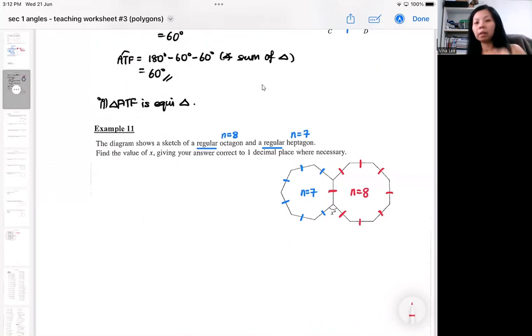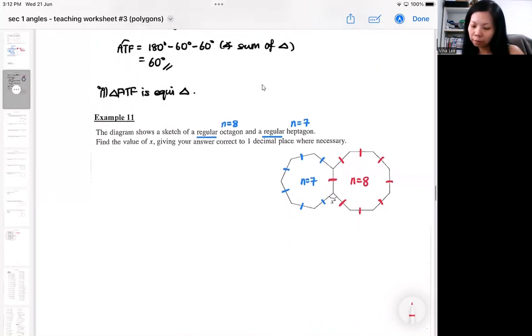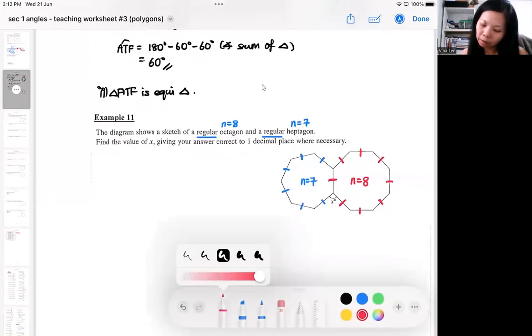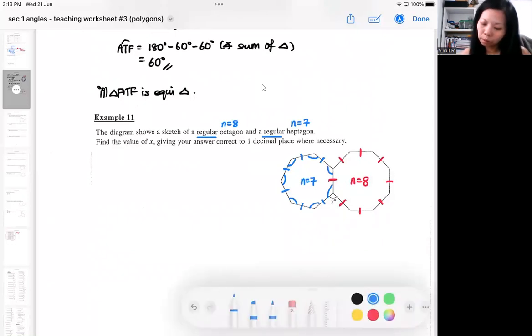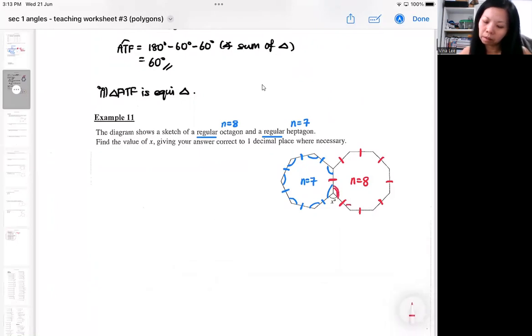So from here, we are supposed to find the value of x. So if you look carefully, I can find each of the interior angle here. I can find the interior angle in the heptagon. I can also find the interior angle in the octagon. And then I can do angles at a point to find x.